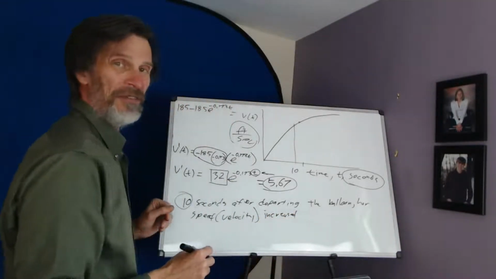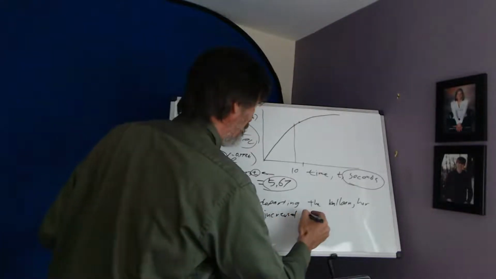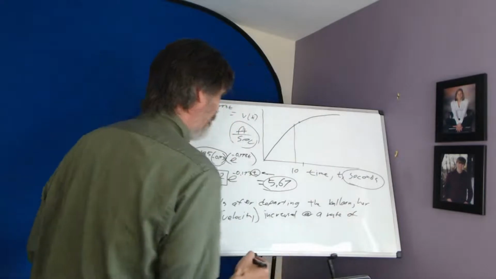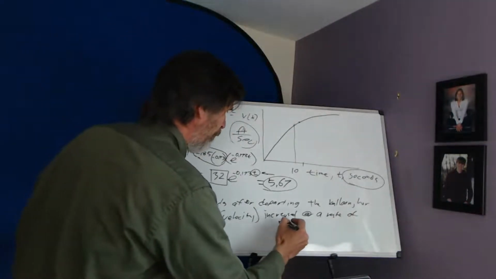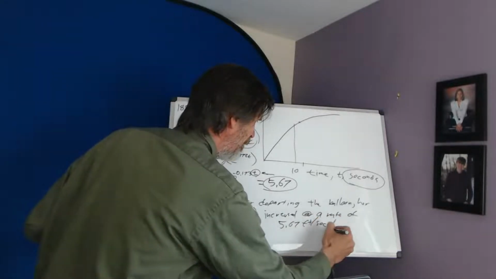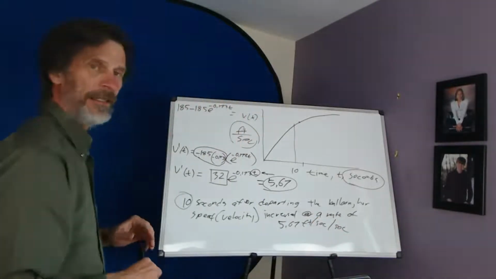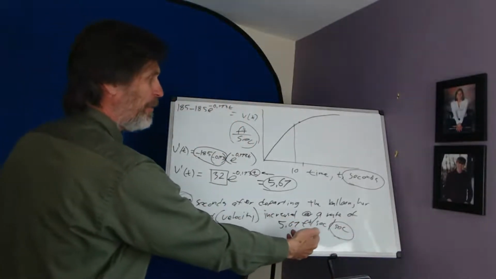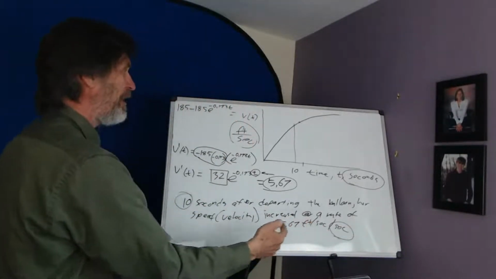And derivatives tell us the rate of increase, increased at a rate of, now we have to get these units right, 5.67 feet per second. In other words, 1 second later, her speed is going to be 5.67 feet per second faster.